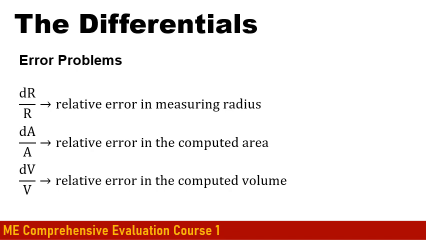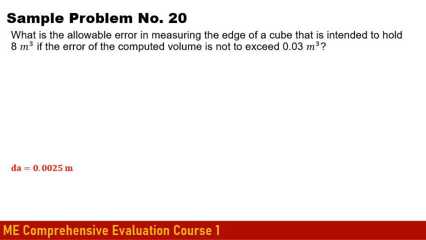And if we're looking for the area, the error in the area is dA over A. The relative error for the volume is dV over V. We can also use this for mass and other quantities. So that is how we can use differentials in error problems. The error is defined as the differential divided by the quantity that we are measuring.